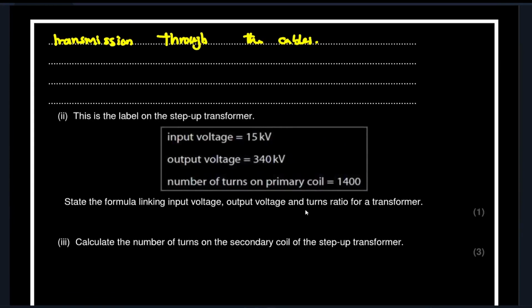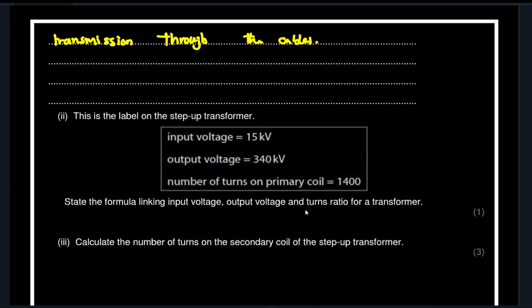This is the label of a step-up transformer. You can see now we have the input voltage, which is 15,000 volts. Output voltage is 34,000 volts. Then from here, you can see that a step-up transformer increases voltage, and we can see that in the turns ratio between the secondary coil and the primary coil.